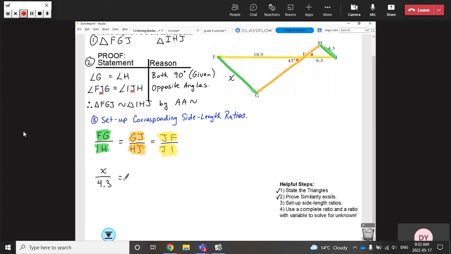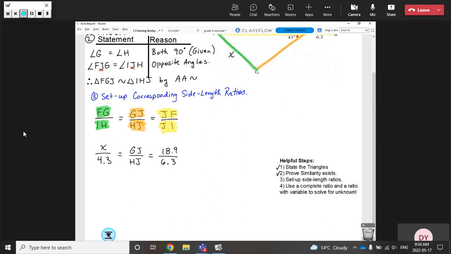GJ, we don't know, and the other one we don't know either. JF is 18.9, and JI is 6.3. Lovely.